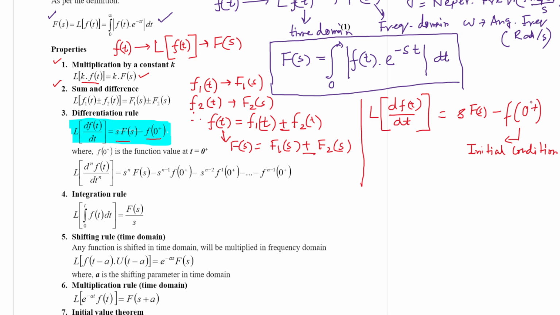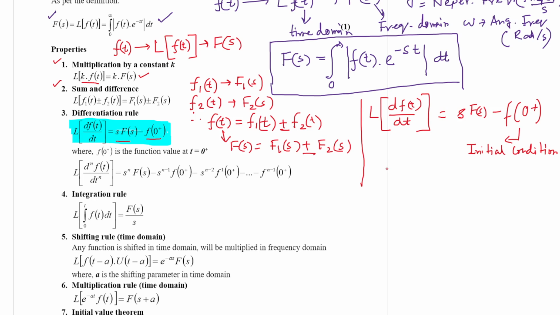We have already explained the significance of 0 plus. It is just after the switching. It denotes just after the switching, which is coming from initial condition. Now what is the application of differentiation rule?